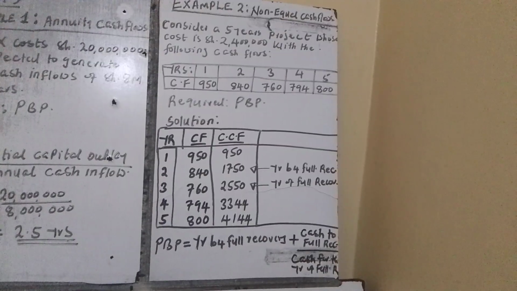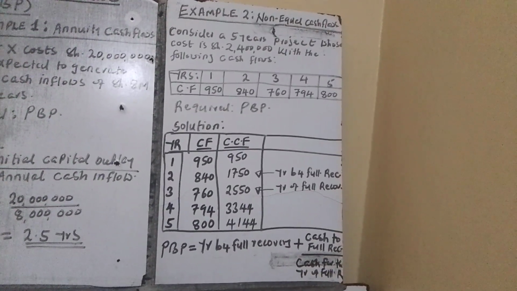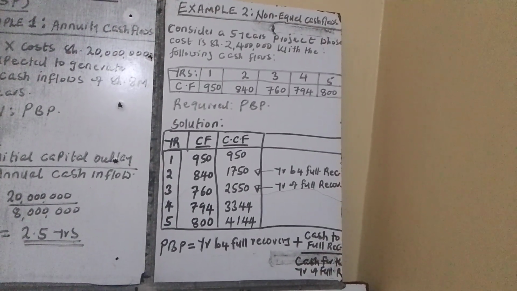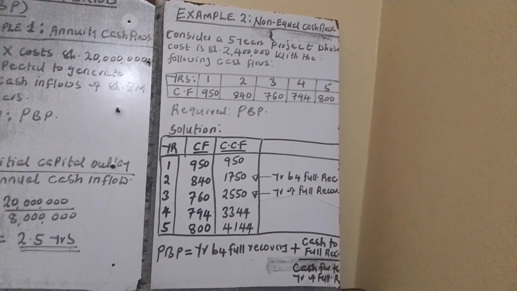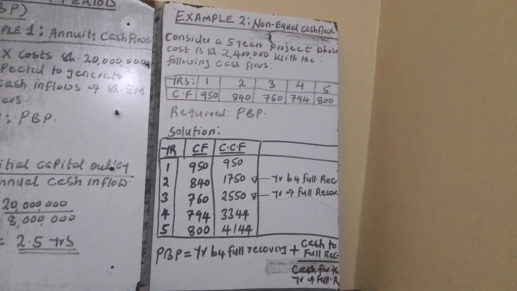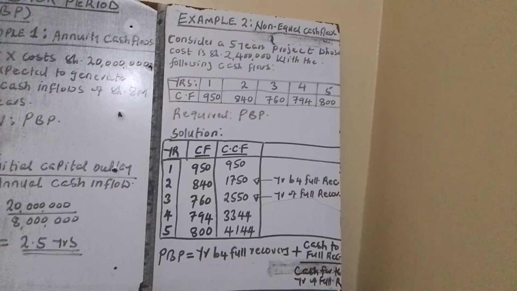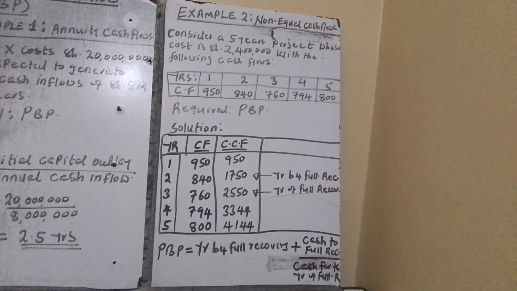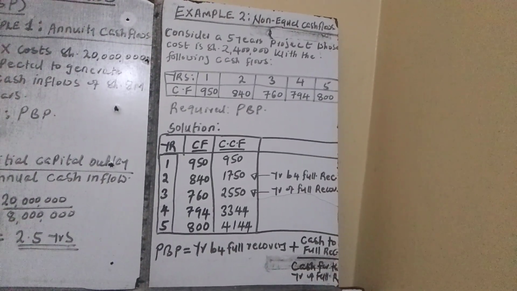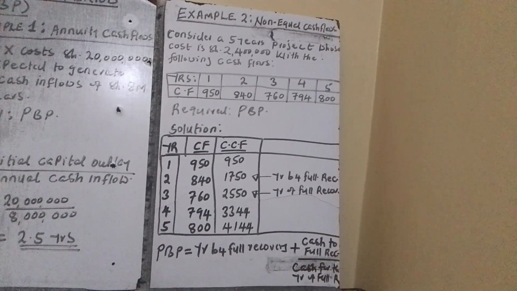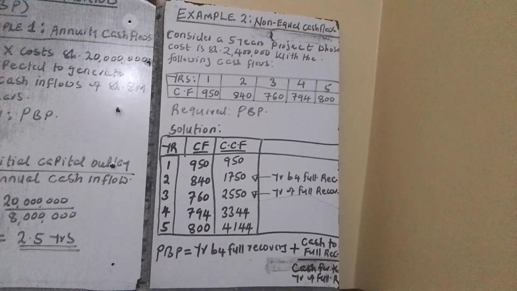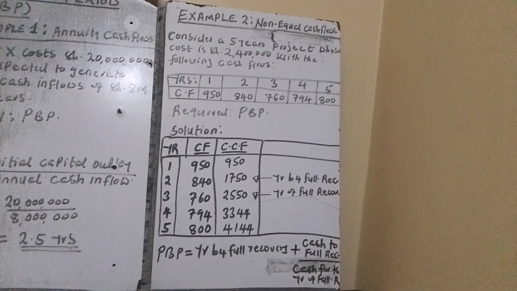Now you look at year 1, we have 950. So with the 950,000, we have not yet generated 2.4. When you go to year 2, because in year 2 we generated 840, 950 plus 840 is 1750. So with 1750, we have not generated the 2.4. But in year 3, we generated 760.